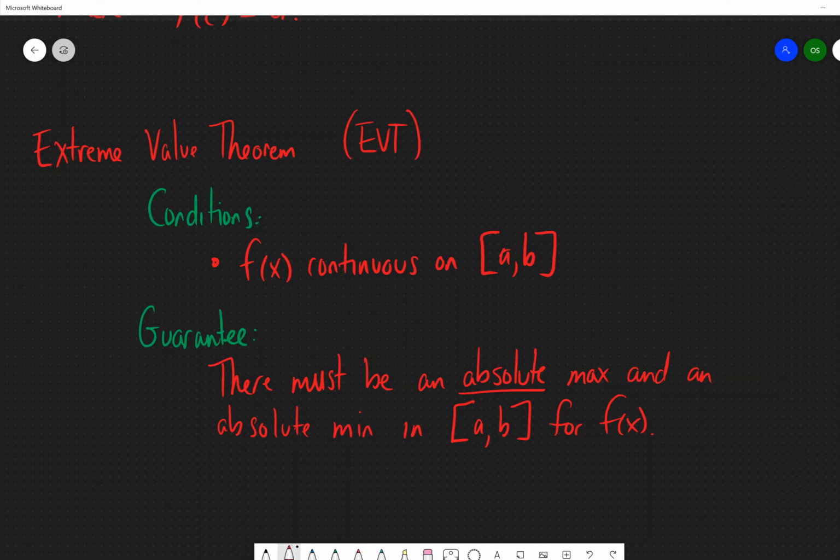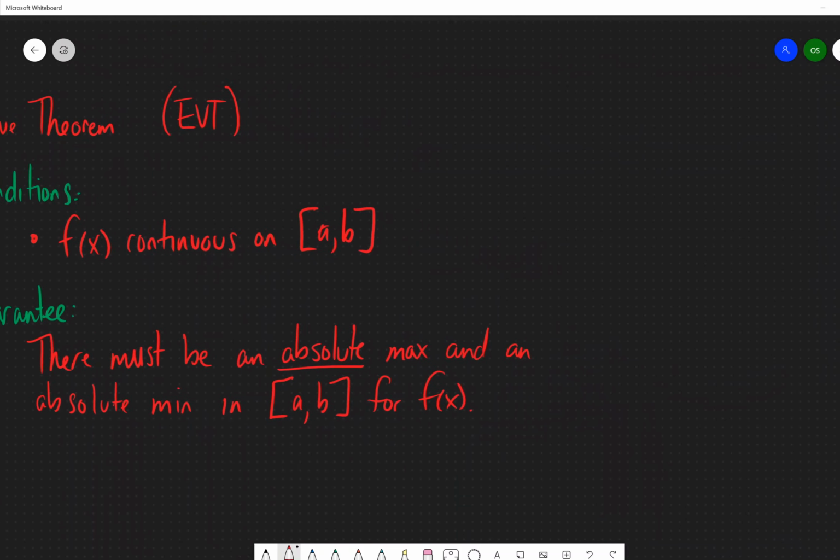So again, visually, what would that look like? So here's A, here's B, and I'm just going to draw any random continuous line like so. So according to EVT, there's got to be a highest point and there's got to be a lowest point.